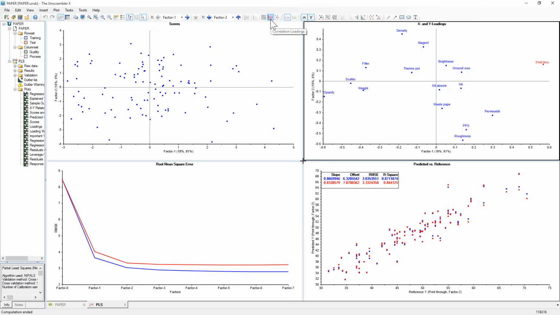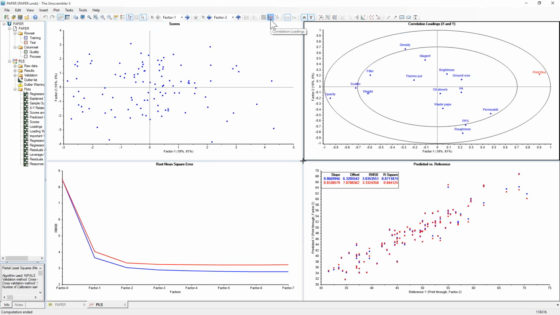I also like to look at my correlation loadings. That puts everything on a unit circle. It gives me a little bit more understanding of what's going on with my data. What these ellipses show is how much the individual variables are contributing to a particular factor. So if we look at factor 1, which is on our x-axis, anything that is between the two ellipses is a relatively important variable.